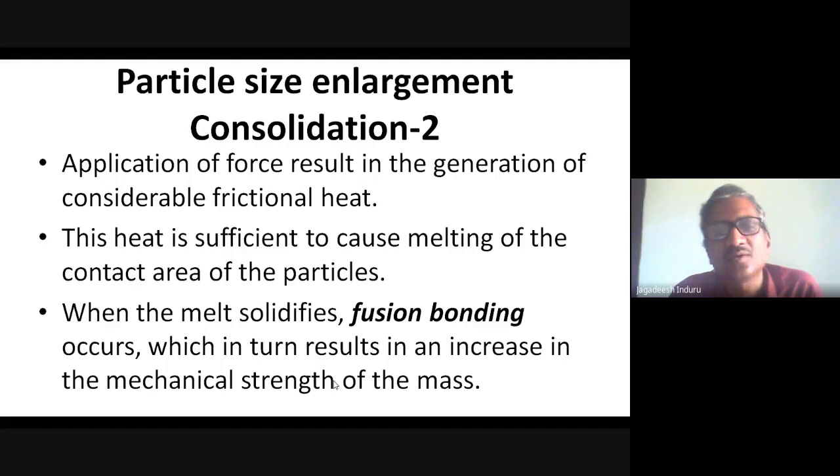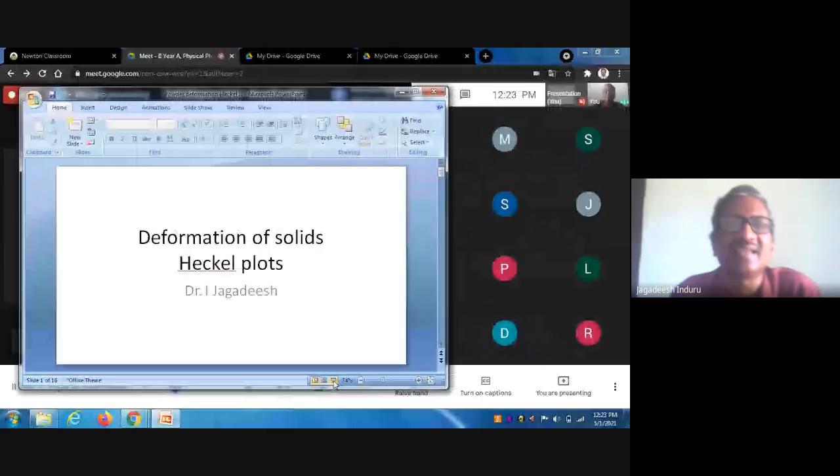When it is getting cooled, the liquid gets solidified. The fusion comes back to the original solid state, and it gets bonded. This is called fusion bonding, which in turn results in an increase of the mechanical strength of the mass of the tablet. So these two approaches make the tablet. I hope you are following the journey from the stage of your powder until your tablets are formed.